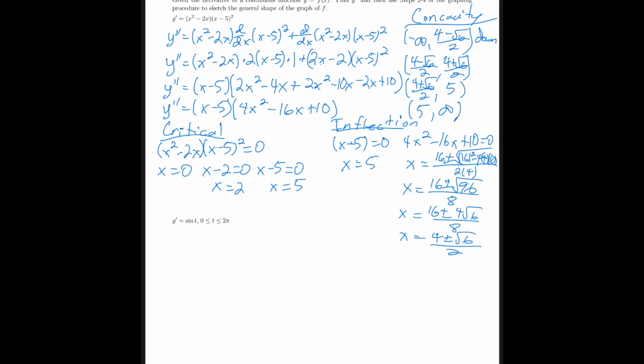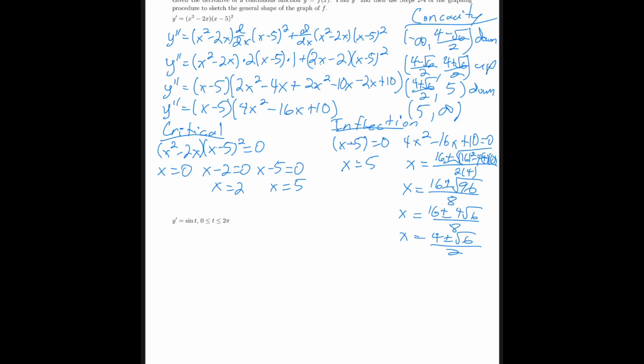So the first one you could plug in 0, and so you get negative 5 times 10, which is negative 50, so that's down. The second one, you could plug in something like 2 would be in that region, so I could plug in 2, so that's negative 3 times negative 6, so that's positive, so that would be up.